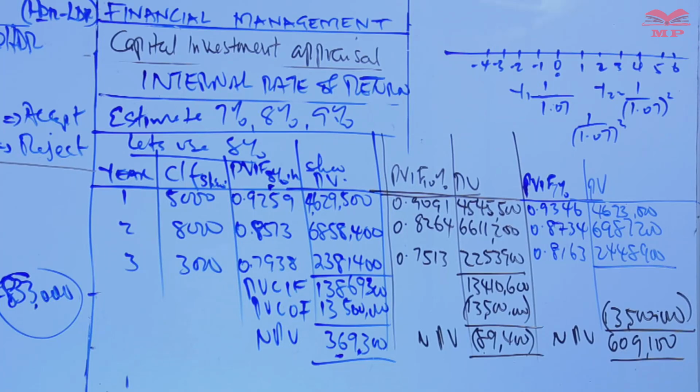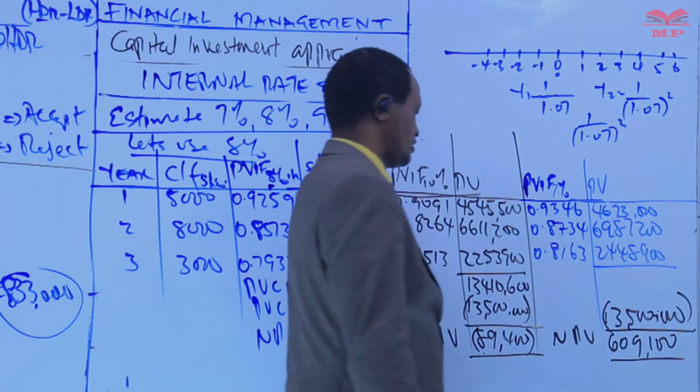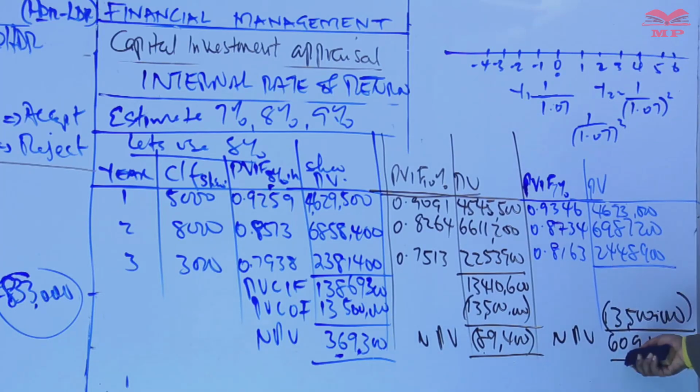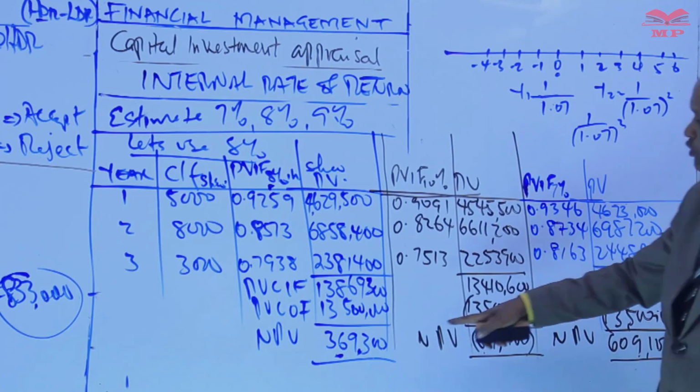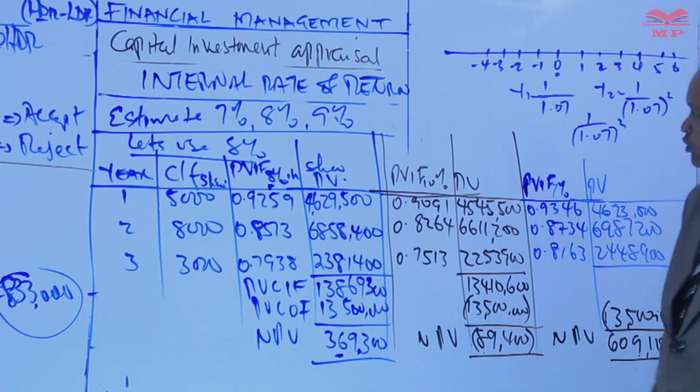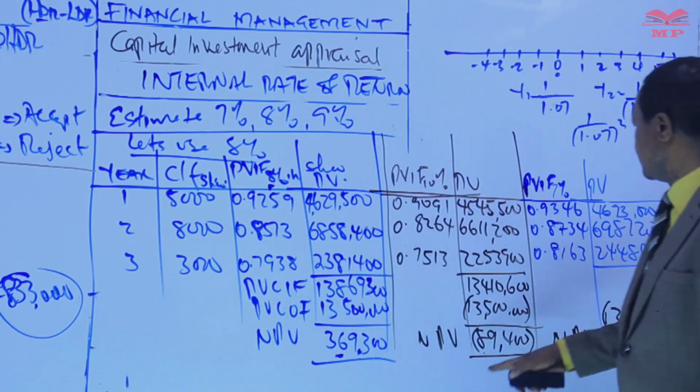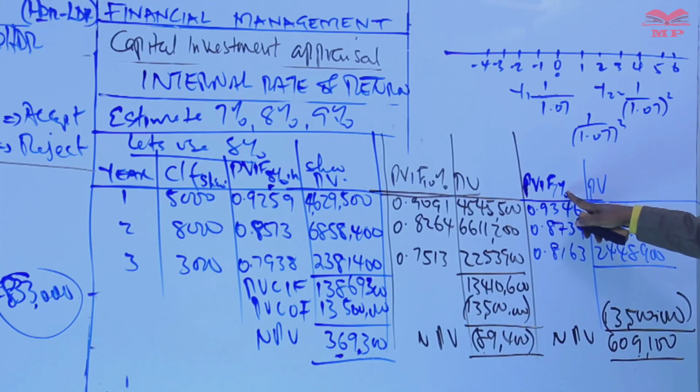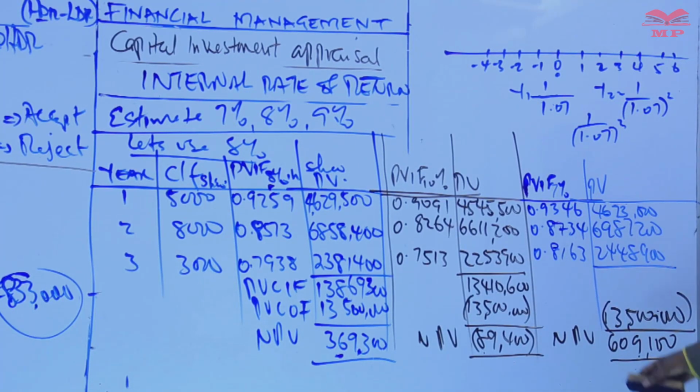You see this one is an error. We needed a figure that is closer to 0. So to get closer to 0, we needed to do more than 8%, not less than 7%.